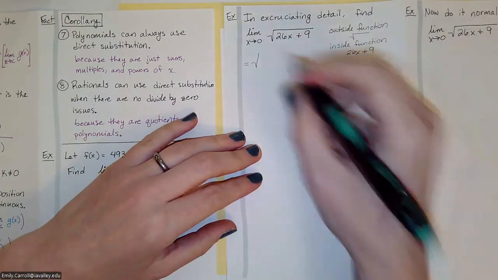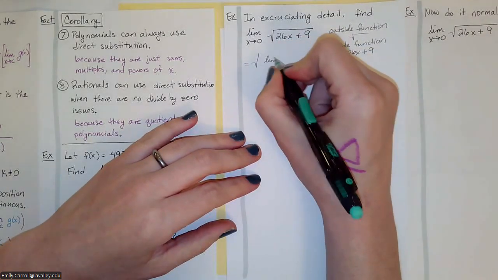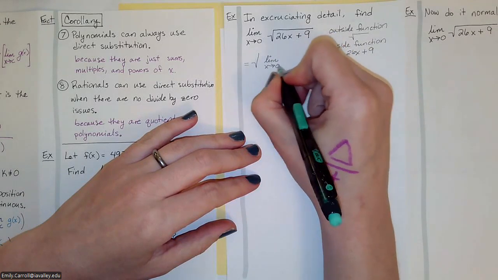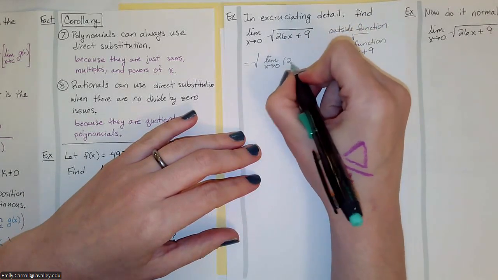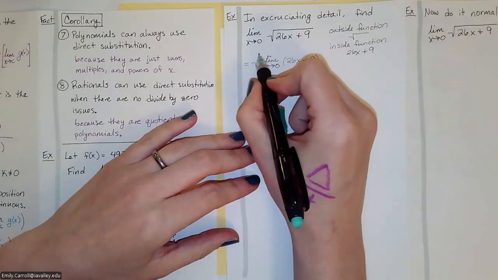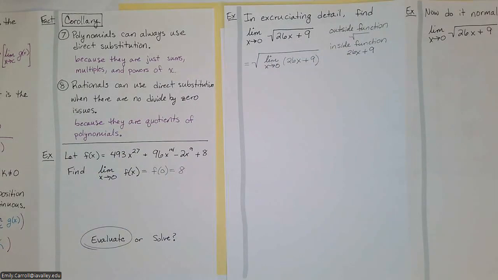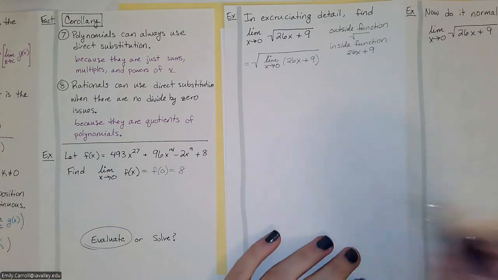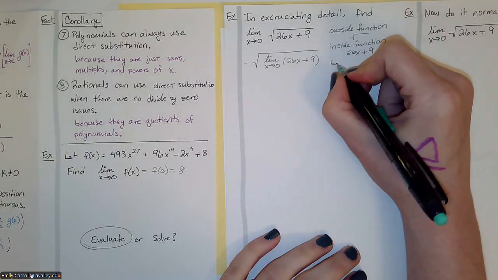So that is equal to the square root of the limit as x goes to 0 of 26x plus 9. And that is by fact number 6.